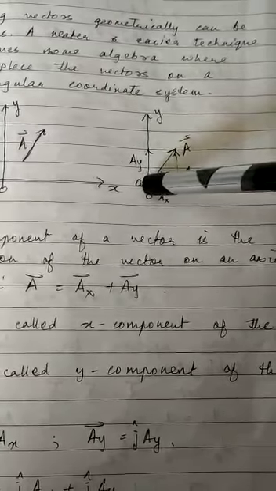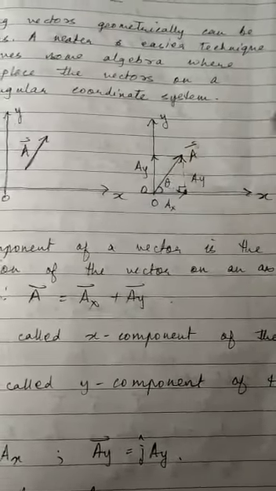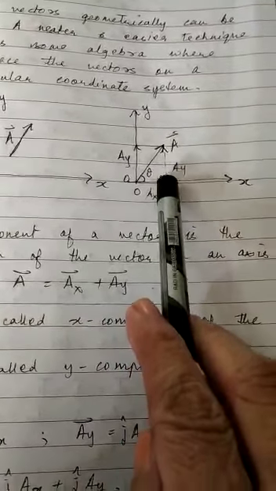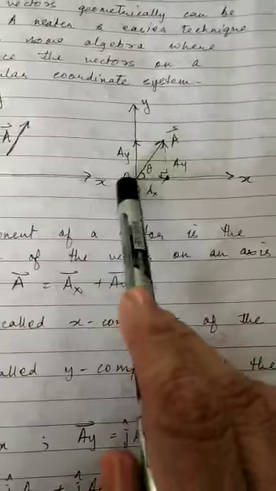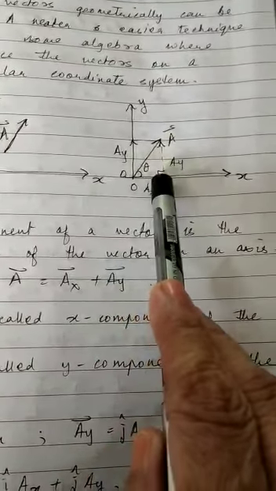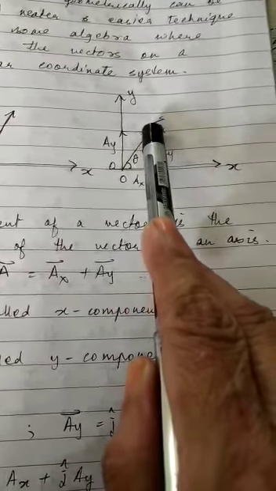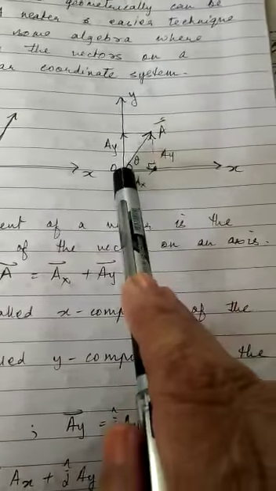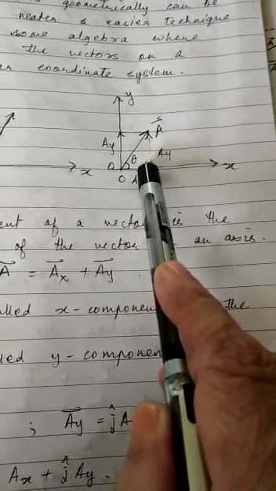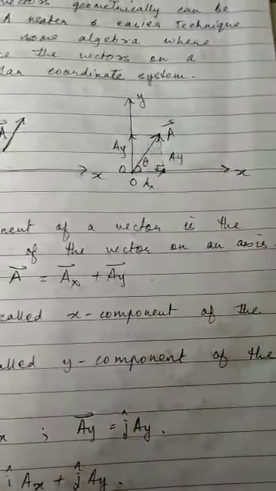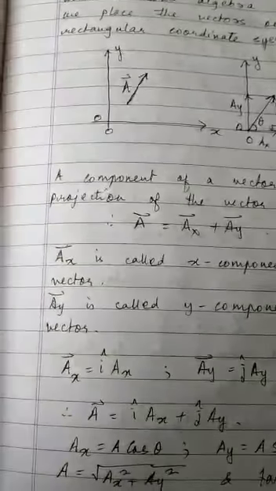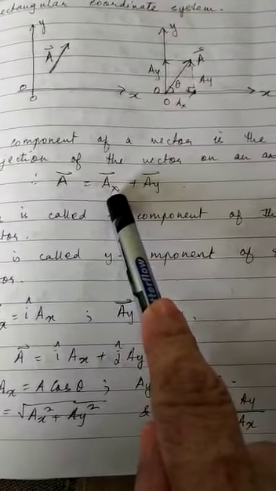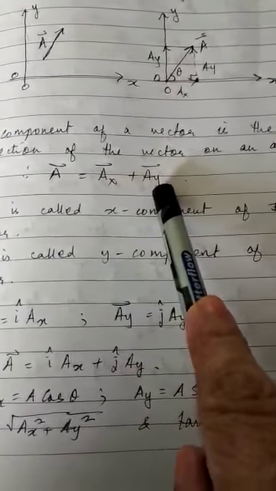So I can say that this vector is basically the vector sum of a vector along the x-axis plus a vector along the y-axis. A person moving in this direction and then moving in this direction is the same as a person moving from here to here. So we write it like this: vector A is the resultant of vector AX plus vector AY.